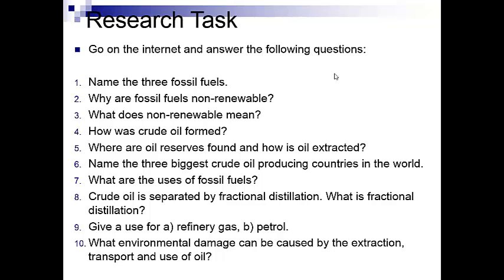Research, give uses of refinery gas and petrol. And what environmental damage can be caused by the extraction, transport and use of oil? Remember the birds and the oil sticking to the feathers. That'll give you the clue for that one.